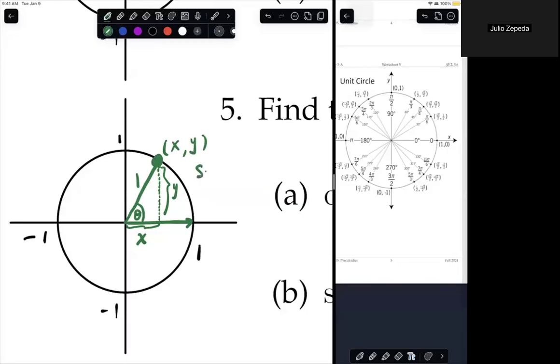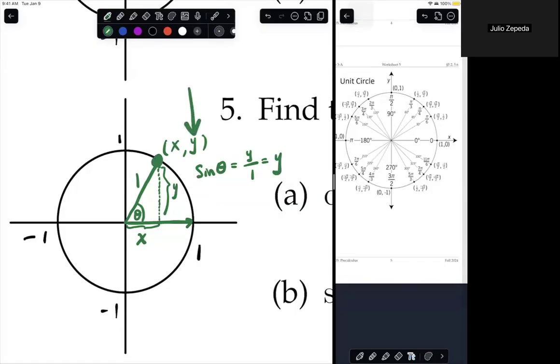And the sine of the angle theta is going to be opposite side length divided by the hypotenuse. So the sine of the angle theta is just going to be the y value, this value here.